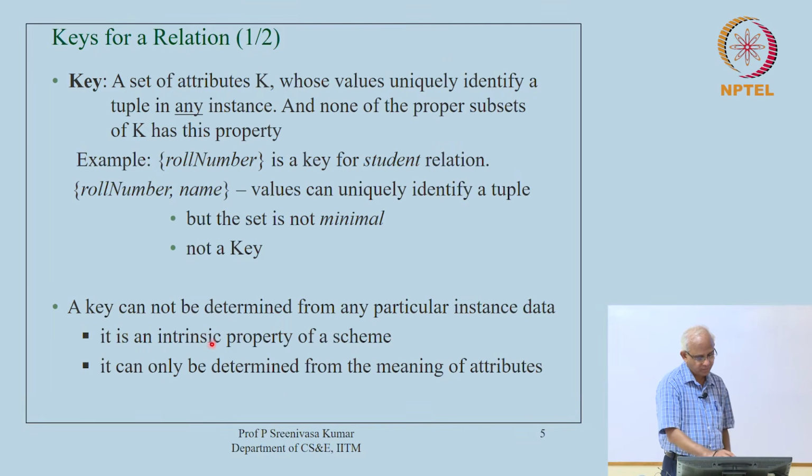So, it is something like an intrinsic property of the scheme. It can be determined by understanding the meaning of those attributes. It cannot be simply determined by just looking at a particular instance of the relation data. So, it is an intrinsic property of a scheme, and so only people who understand the domain can actually identify what the keys for the relations are.